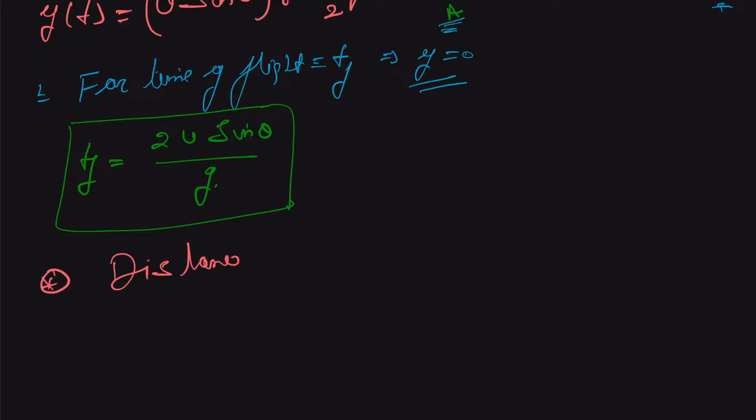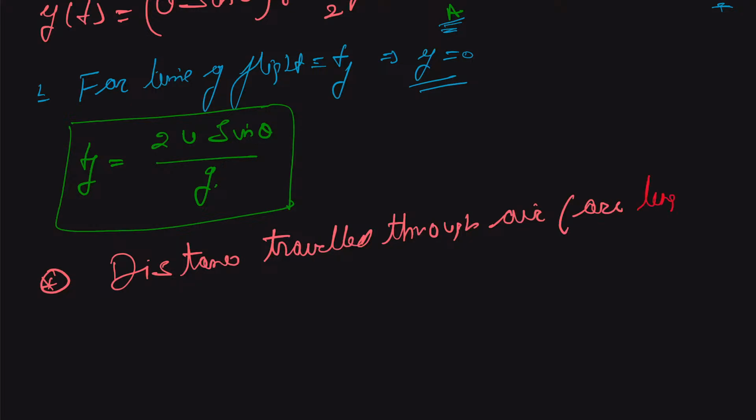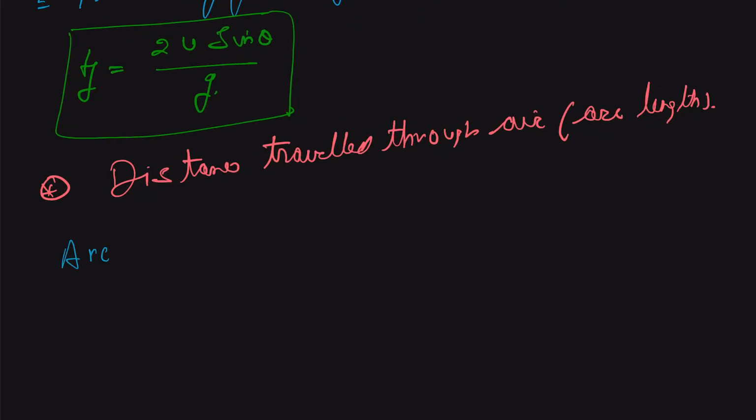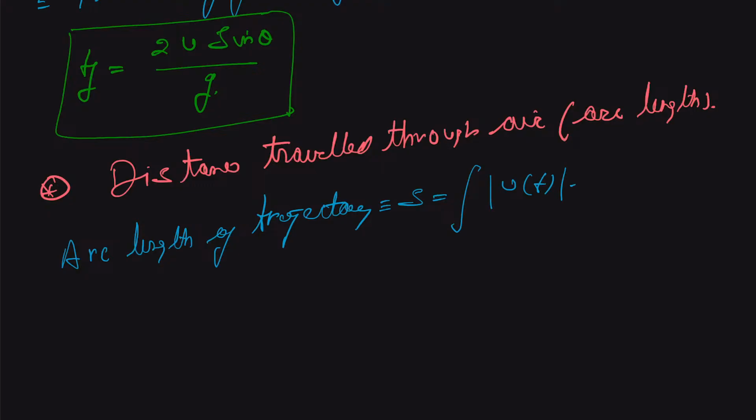We can easily find that the arc length of the trajectory, let us suppose that is given as s, then s will be equal to the integral of our velocity, which is dependent upon time, and we can take its modulus, with respect to dt, and we can integrate it from 0 to TF.